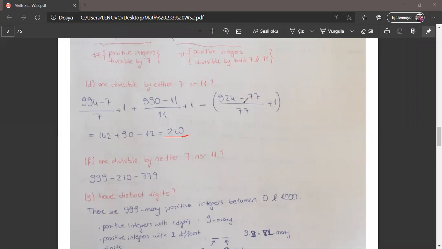That's why we subtract this one. It's the same as finding the number of the union in sets. If A and B are sets, we find the number of elements of A union B as in here. So it's exactly the same as this.